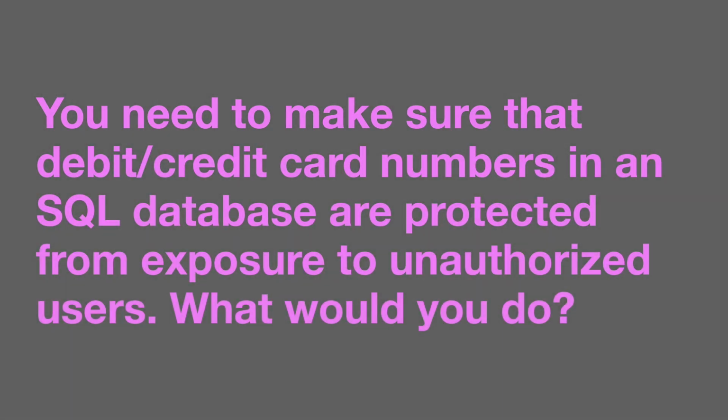So let's start. Here's a question. The first question is, you need to ensure that credit card numbers or any personal information in an Azure SQL database are protected from exposure to users that are not supposed to see this information. What should you use?